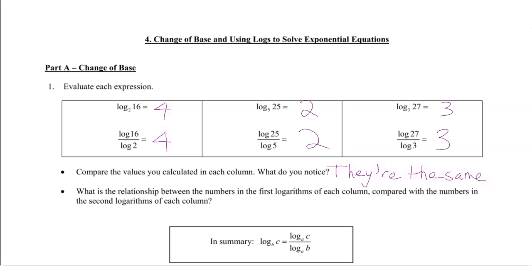Okay. So you can see the base ends up on the bottom, and the number, the value, we're taking the log base 2 of 16. So the log base 2 of 16 is equal to log 16 over log 2.